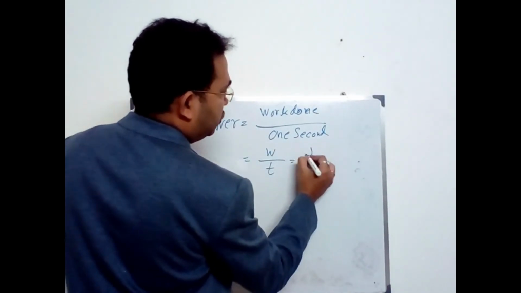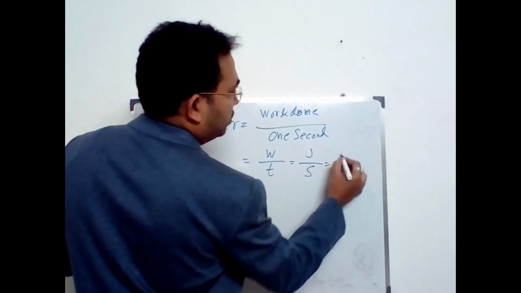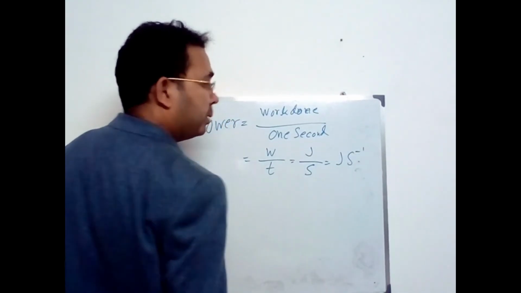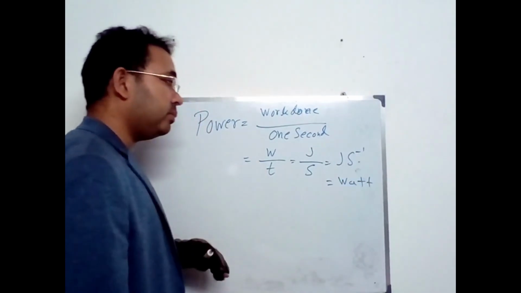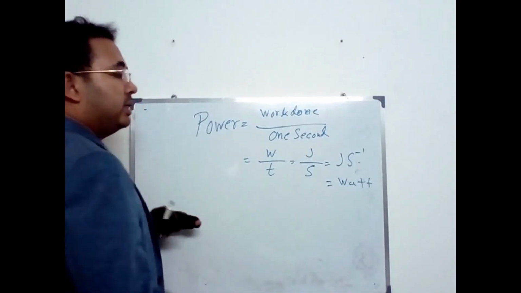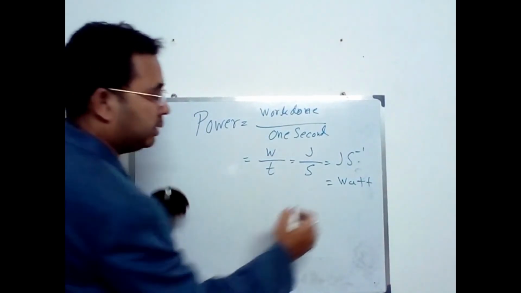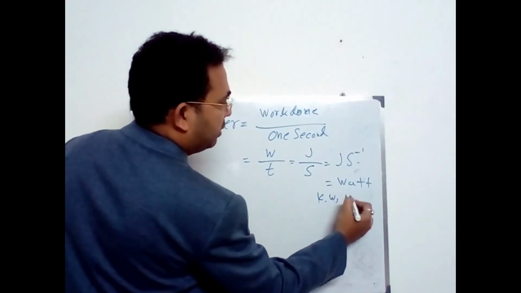Work done is joule, time is second, so the unit of power is joule per second, which is known as watt. This is the smallest unit, watt. এছাড়া কিলোওয়াট আছে, মেগাওয়াট আছে, kW, megawatt.